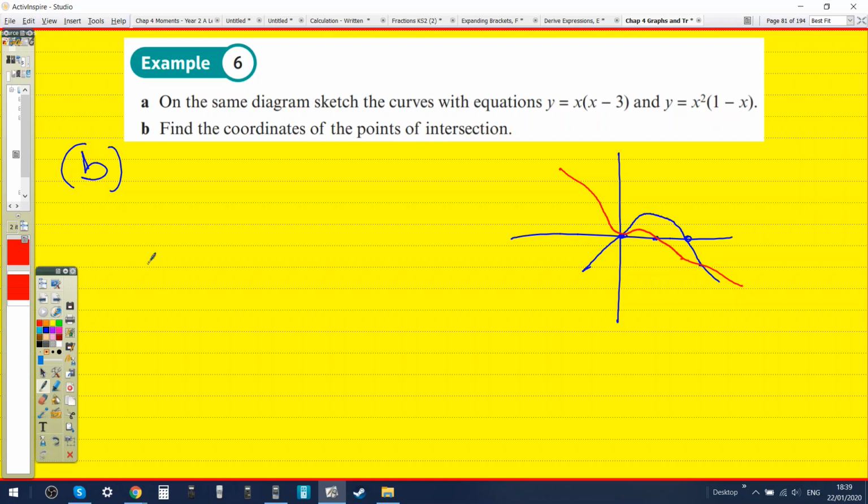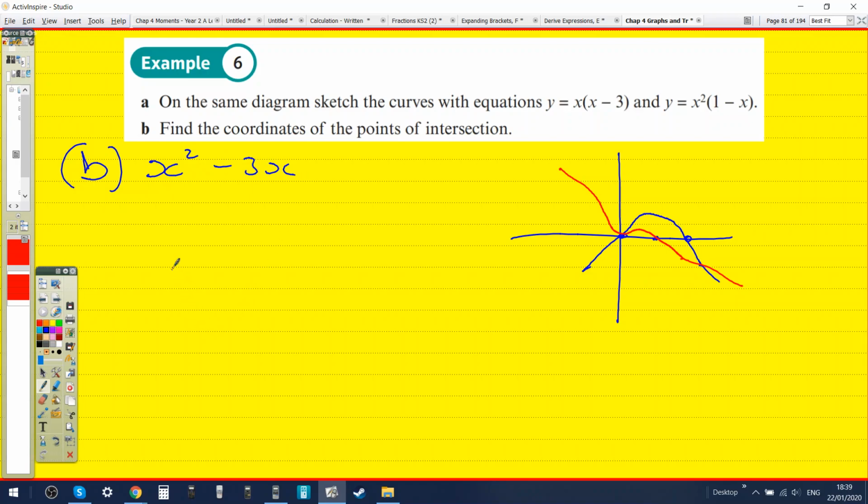For the first one, y equals x bracket x minus 3. You rearrange it to be y equals x squared minus 3x.